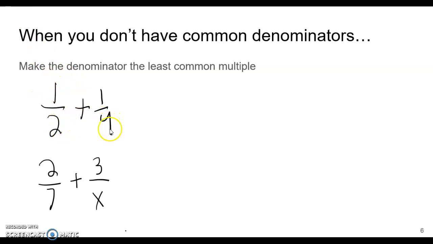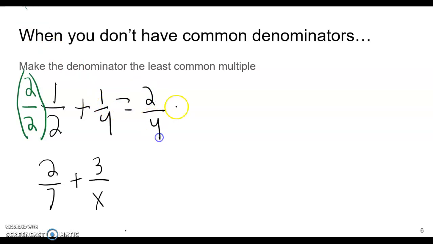So 2 and 4 are not the same denominators. So what they both need to be is, we want them both to be a 4. So I'd multiply this by a fancy 1 of 2 over 2. This would now become 2 over 4 plus 1 over 4.